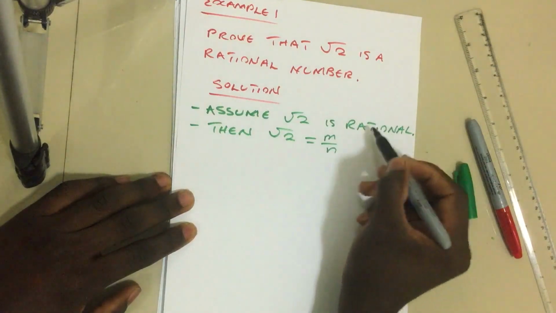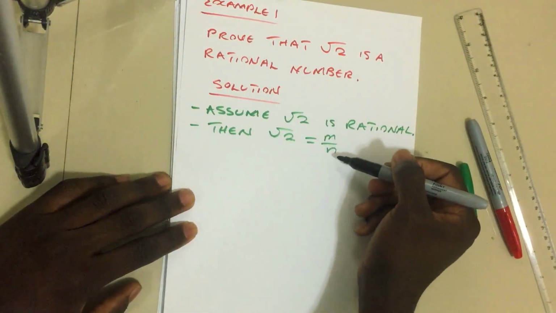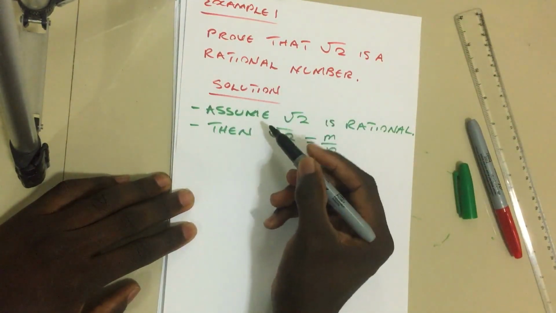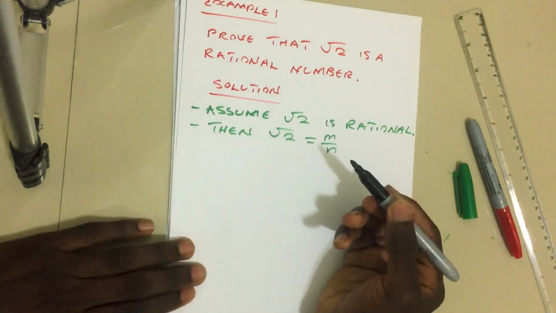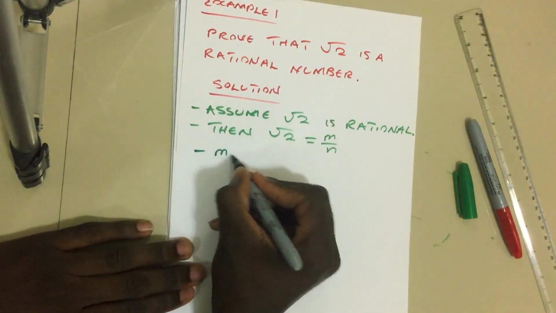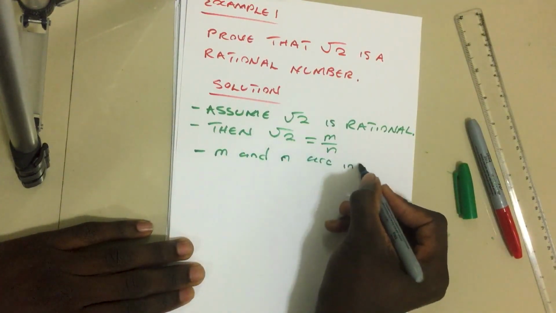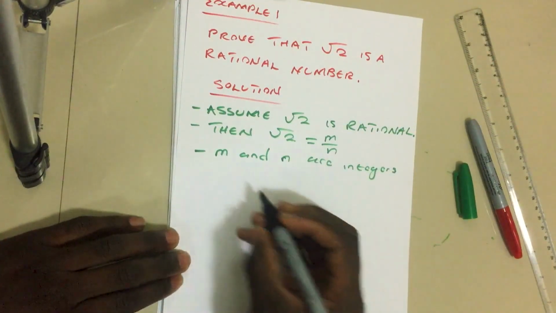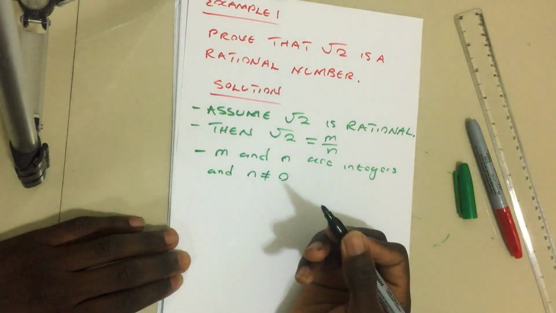Since we know a rational number is any number that is expressed in the form m over n, we need to equate it to this in order to match it with what we are trying to assume here. The next thing we're going to say is that m and n are integers, and n is not equal to 0.